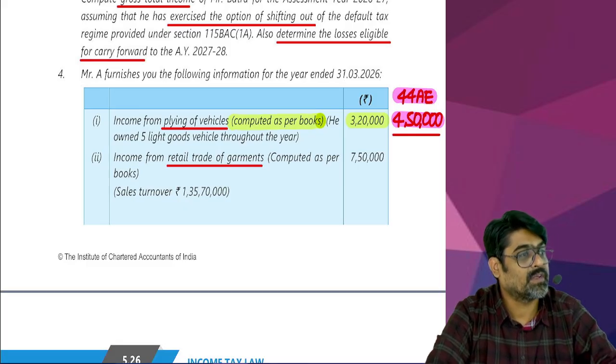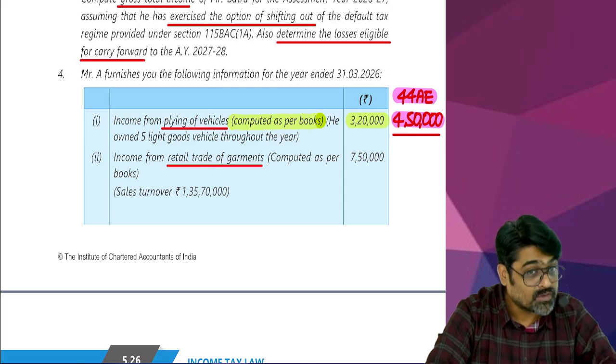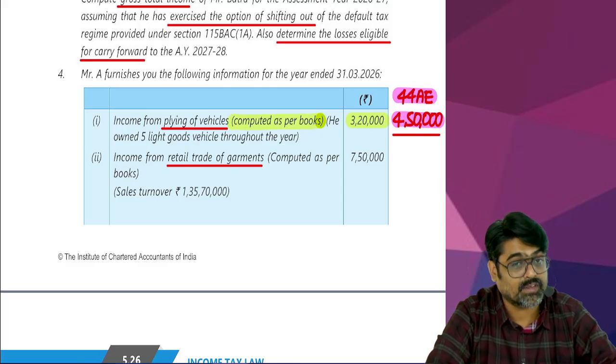So whatever turnover is there, for that turnover he can show 8% or more, and the turnover which he has received in prescribed modes, for that turnover he can show 6% also. Yes or no? That much minimum income he has to show under section 44AD.